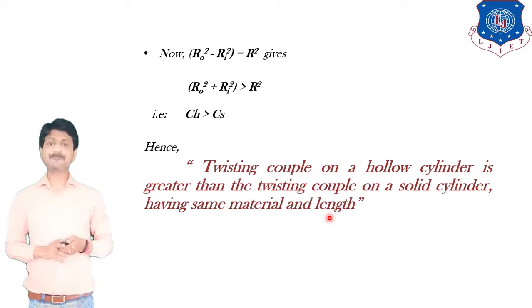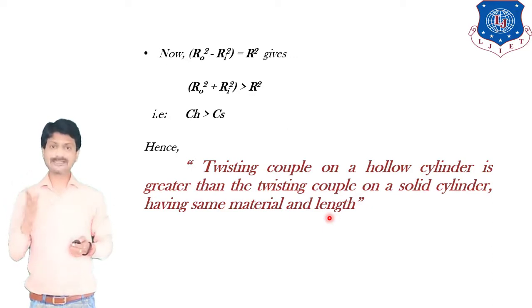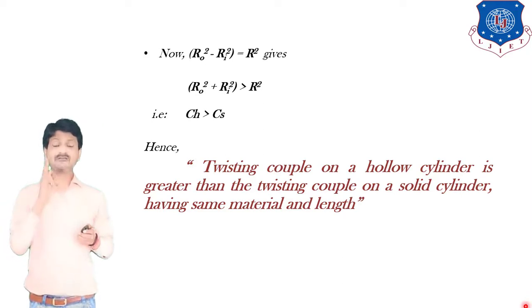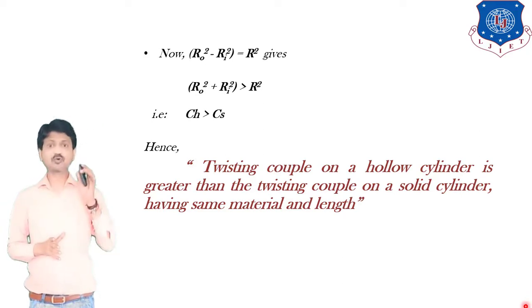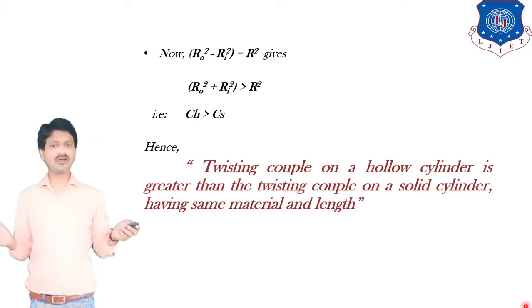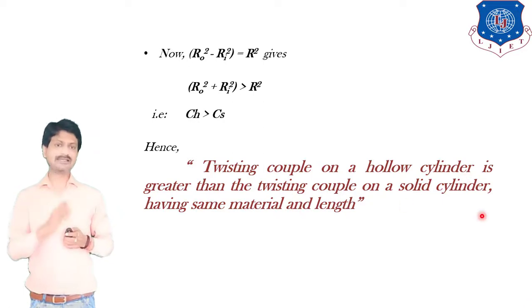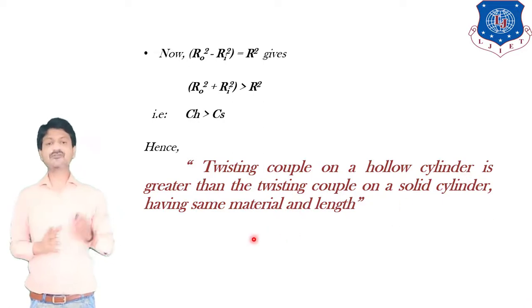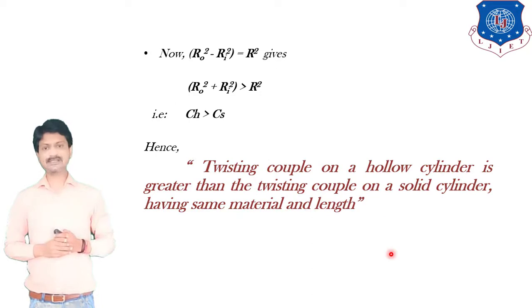So this is about the twisting couple of the solid cylinder and hollow cylinder. We have derived the value of both couples and we also compared the two couples, and finally after the derivation we have concluded that the twisting couple of the hollow cylinder is greater than the twisting couple of the solid cylinder.